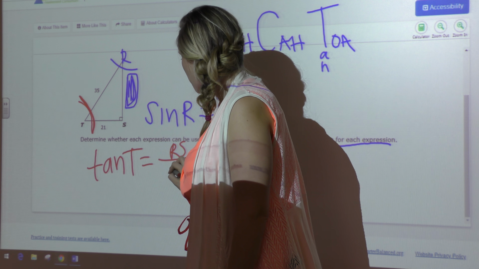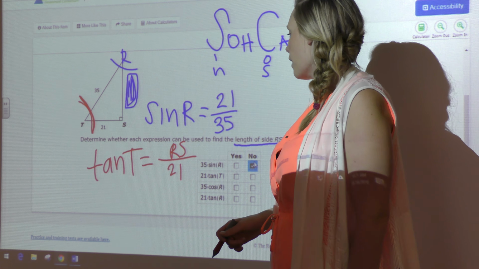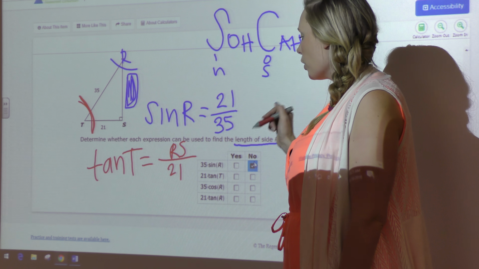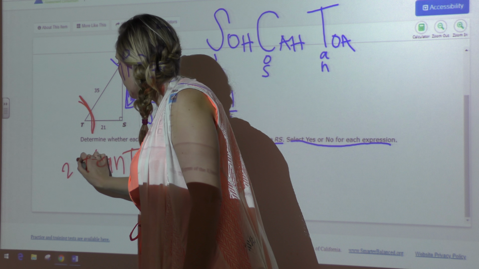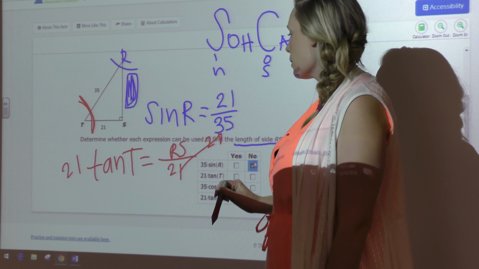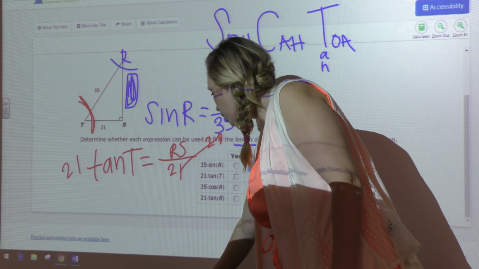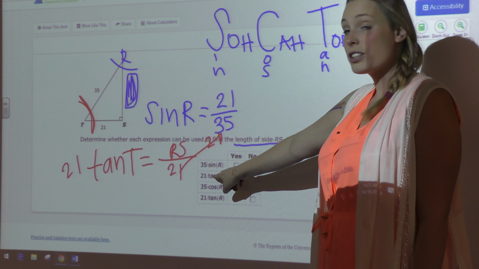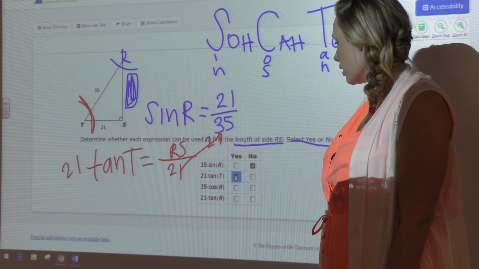Well, adjacent is 21 because it can't be my hypotenuse, which is 35. That's the only one. Well, I need to get RS by itself, so if I multiply both sides by 21, I have 21 times tangent of T equals RS.